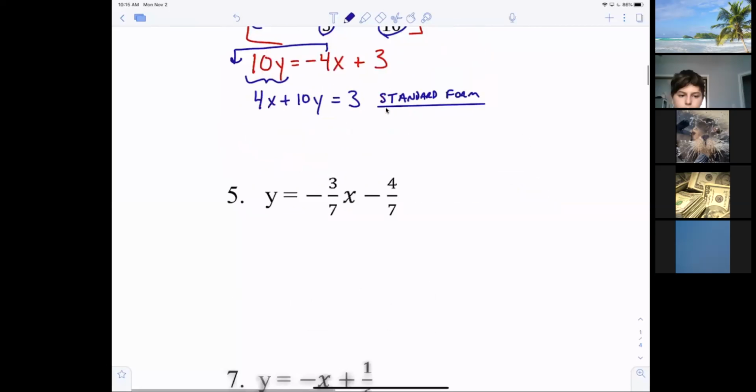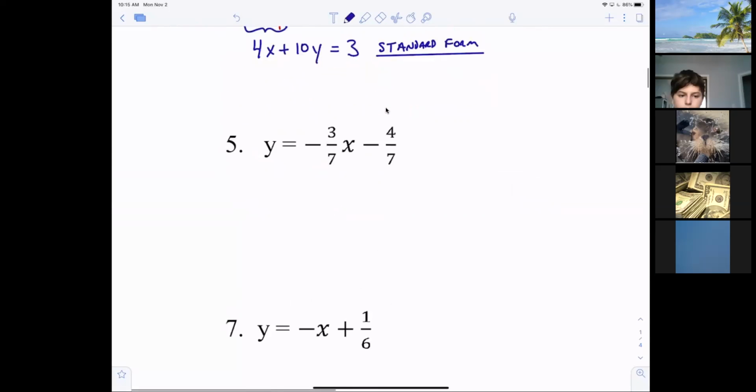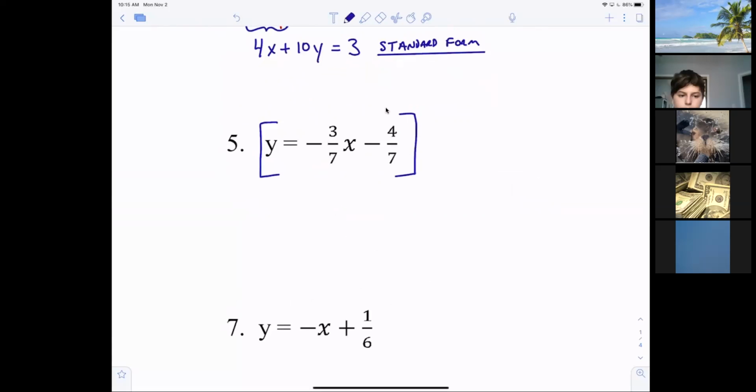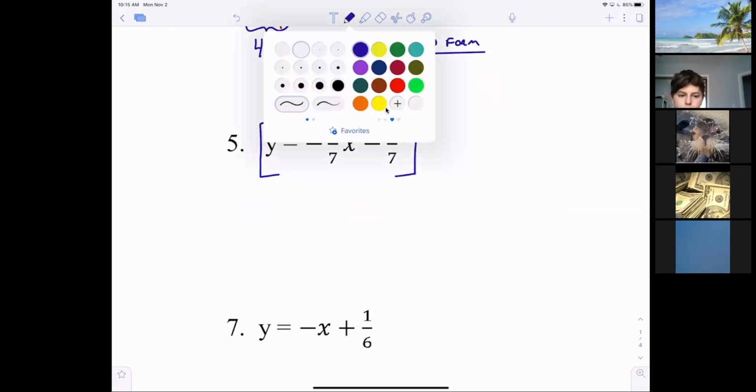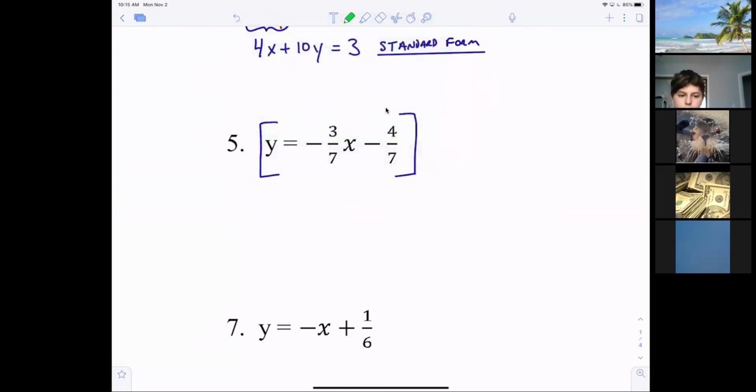All right, so now number 5. A little bit different. What am I going to multiply this by? By 7. Good. That's exactly right.